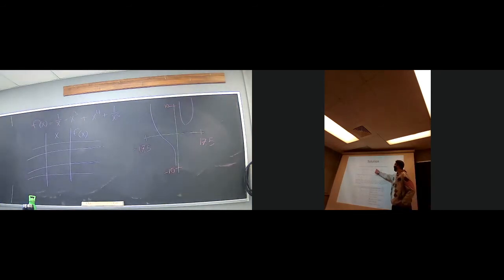But we could go ahead and say, let's factor our function. We're going to find our intercepts, in particular our x-intercepts. I'm going to do this on the board as we walk through the solution to this problem.